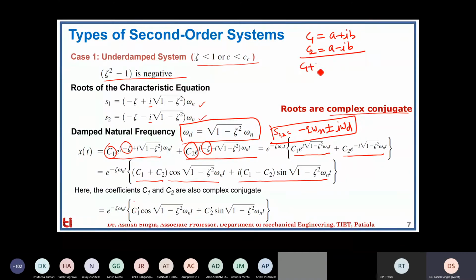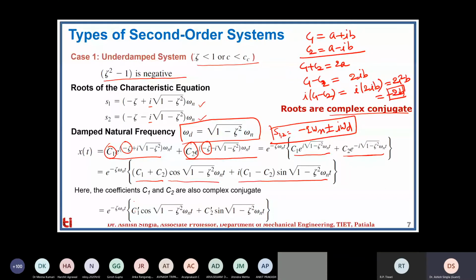So C1 plus C2 will give us 2 times A, and C1 minus C2 will give us 2 iota B. So we have to calculate iota times C1 minus C2, which gives iota times 2 iota B, which is equal to 2 iota square B, that is minus 2B, which is again a real number.